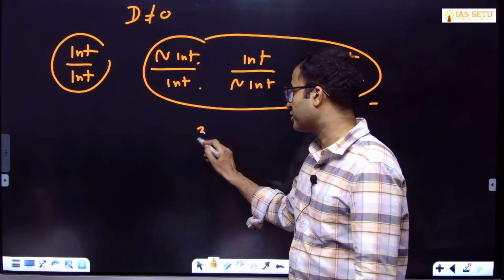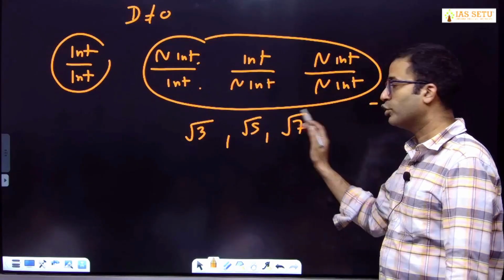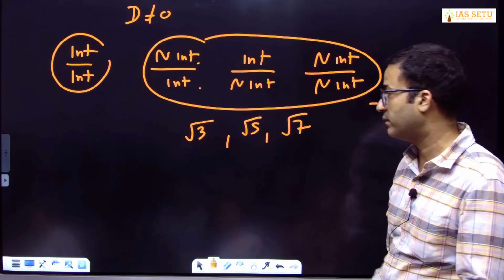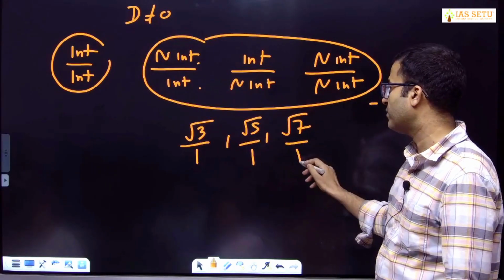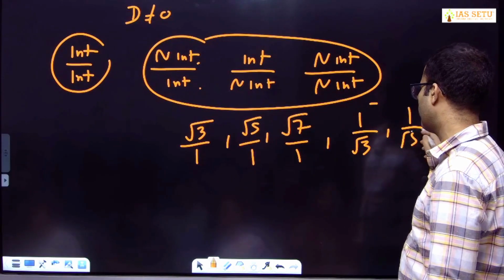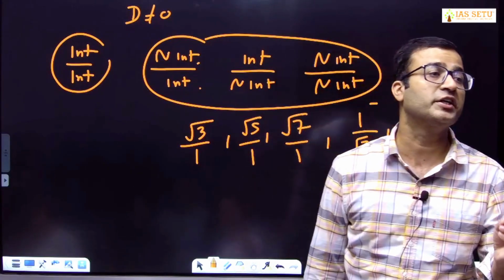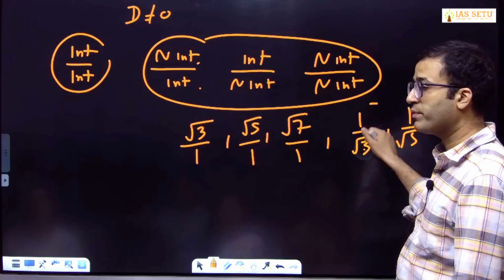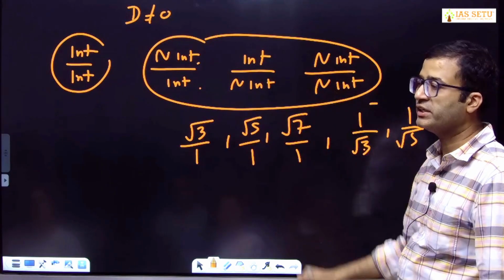So under root 3, under root 5, under root 7, you remember some of the examples. All these are irrational numbers, because it is under root 3 by 1, under root 5 by 1, under root 7 by 1, 1 upon under root 3, 1 upon under root 5. All these numbers are considered irrational, because either your numerator is non-integer or your denominator is non-integer. If both are non-integer, then also it is an irrational number.